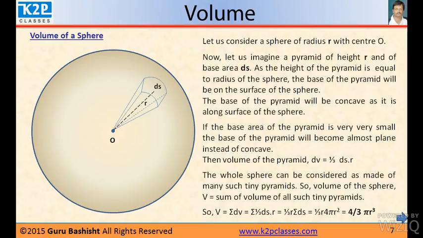Since r is constant and 1 by 3 is constant, we take them out of the sigma sign, and it becomes sigma ds. ds is the small surface area on the sphere. So if you add all such small surface areas, it will give you the total surface area of the sphere. And we know that the surface area of the sphere is 4 pi r square, and then it becomes 4 by 3 pi r cube.